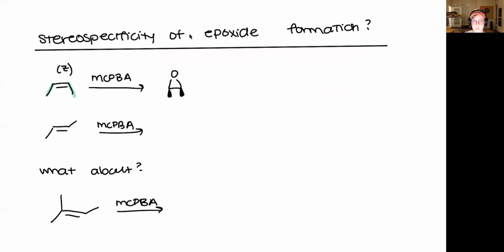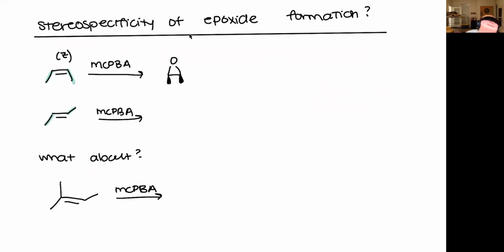Since this is a meso compound, we don't need to draw the enantiomer. In this case, the methyl groups are trans, and so when we draw the epoxide, we want to make sure that we keep that same relationship between the two. So we would draw them trans.